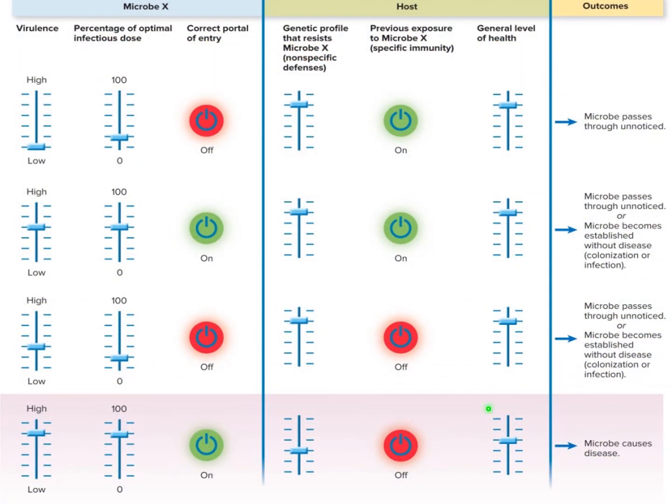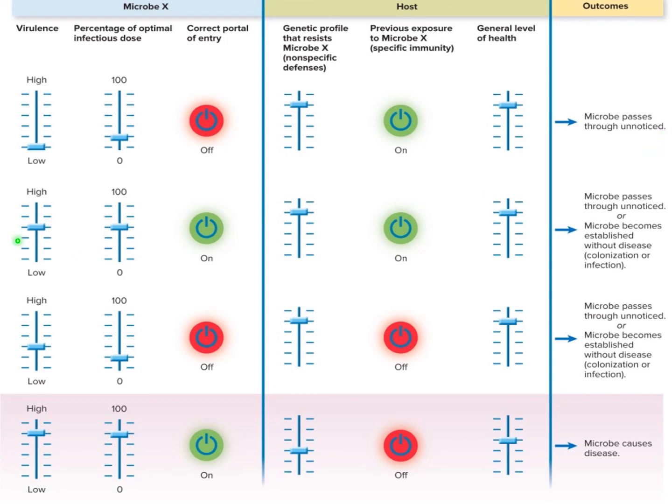This picture just shows what can happen with the microbe and the host, and there is a combination. If the virulence of a microbe is low, the percentage of optimal infectious dose is relatively low, there's no correct portal of entry, and the immune system of the host is working well, then probably the microbe will pass through completely unnoticed.